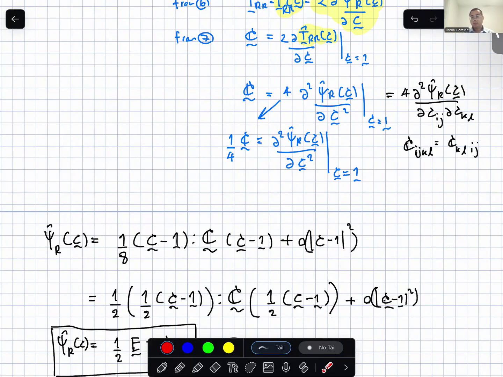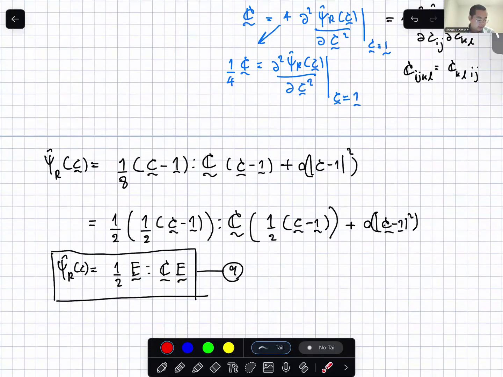We also have two more properties, but I'm just going to skip them because I may not have enough time. The other two are basically that the elasticity tensor is positive semi-definite, and that it obeys symmetry transformation, so C can be in the middle of the parentheses and can be pulled out.